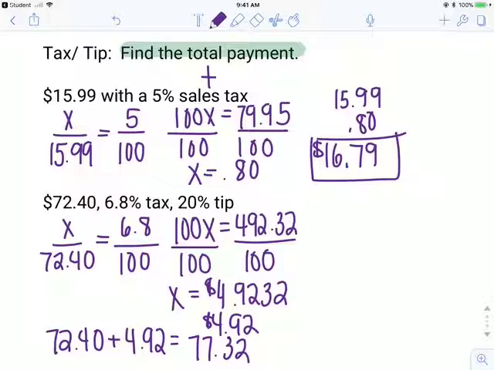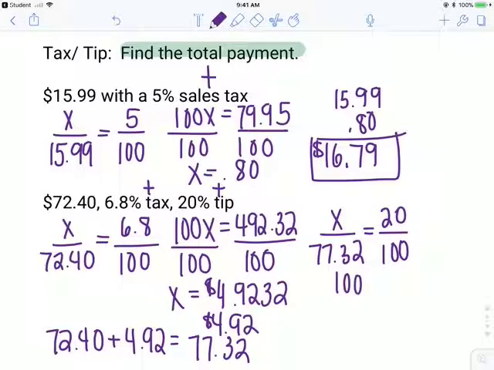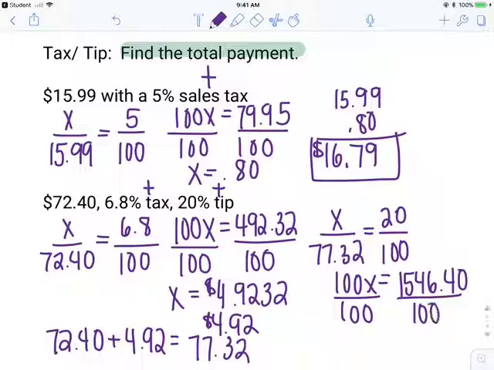And then I'm going to figure out my tip. Tax and tip are both additions onto your bill. So again, I do part over whole equals the percentage for the tip over 100, cross multiply 77.32 times 20. I get 1546.40. Divide that by 100, and I get $15.46 because it came out to 15.464, but I just left the 6 alone.